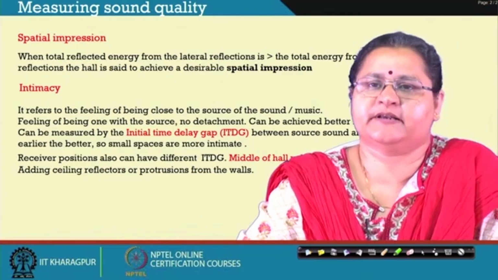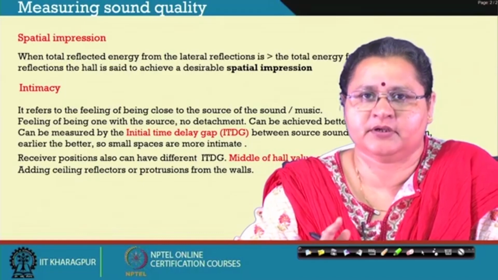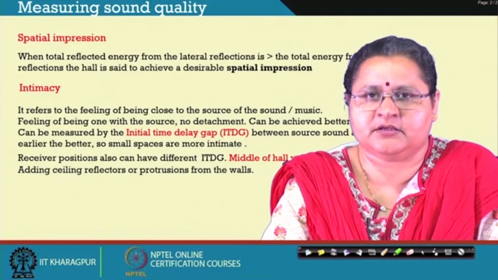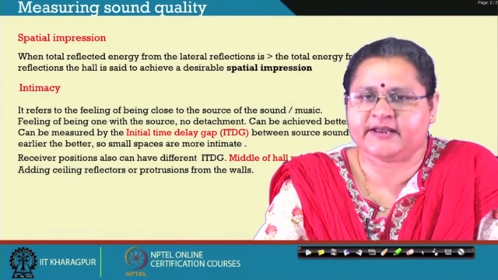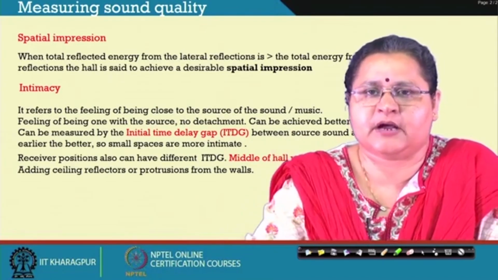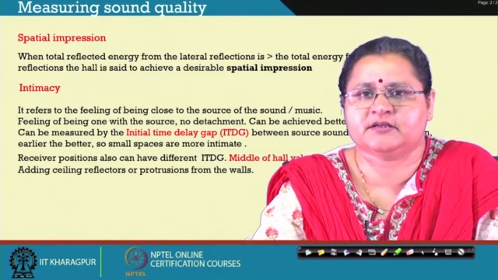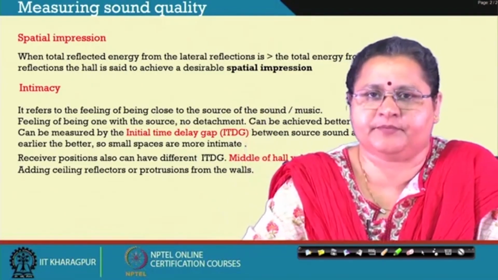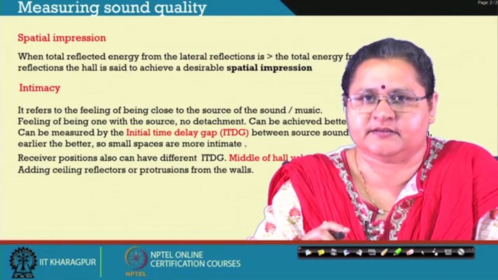So, even if you are sitting at a far off point, if the initial time delay gap is within 12 to 25 milliseconds, this can be calculated through geometrical acoustics. You can create ray diagrams and find out at what time the first reflected sound reaches the last point, and the distance from the source and its time. That will help you in calculating the intimacy.